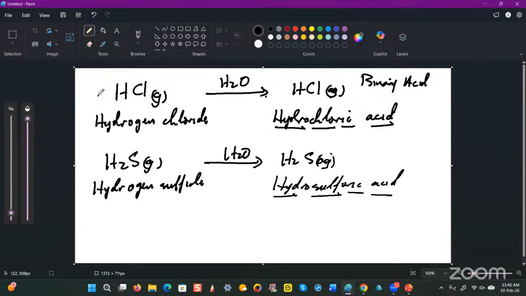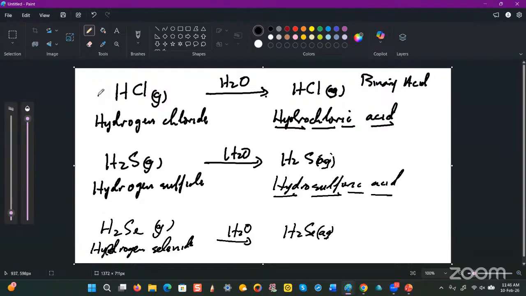So if I were to give you hydrogen selenide, and I add this to water, then what do you think the name of that compound is? Let me write down the formula first.